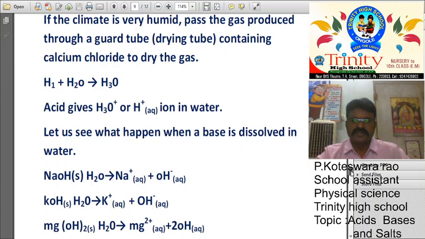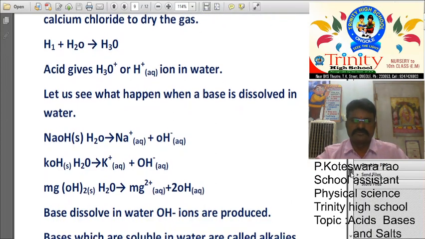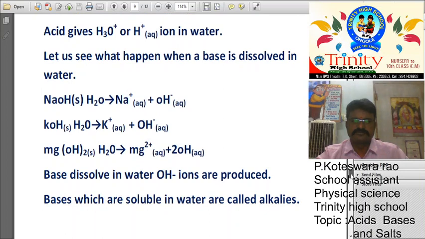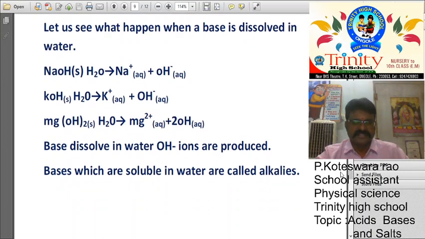Okay, next one. Let us see what happens when a base is dissolved in water. Acids must always be combined with water.